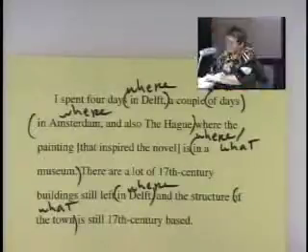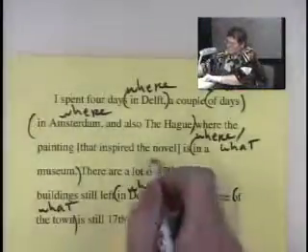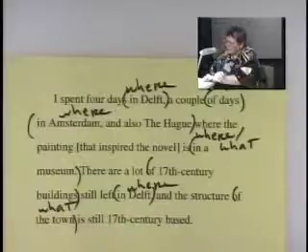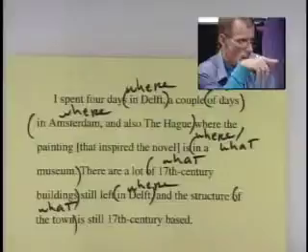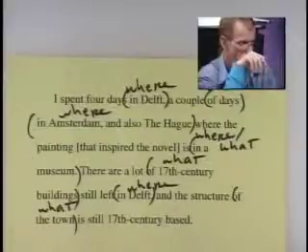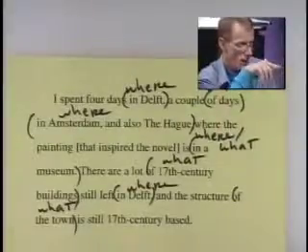How about of the 17th century buildings? That's the one. And that answers what? Question. So prep phrases can have multiple objects, like in Amsterdam and also The Hague. If I tell you I went to the store and bought a box of oranges and pears and apples, my prep phrase is going to be of oranges and pears and apples.